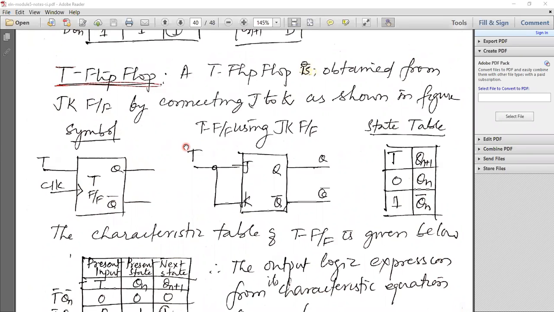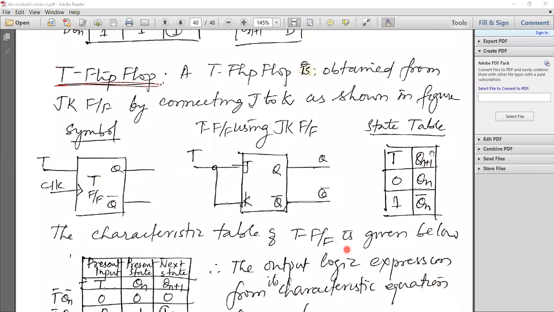We'll see why it is called a complementary flip-flop, and what it is complementing, in due course of time. So let us see the points. A T flip-flop is obtained from JK only by connecting J and K together. So J and K are just connected together and labeled as T.